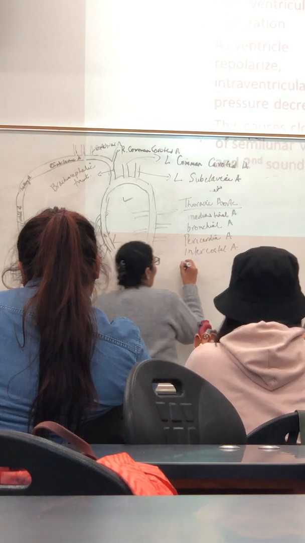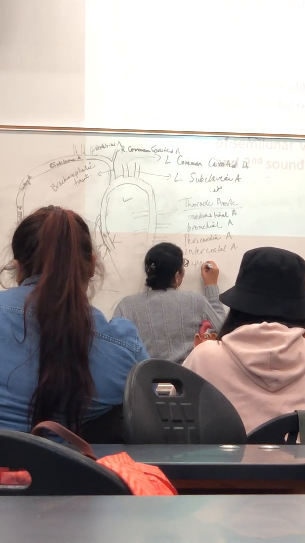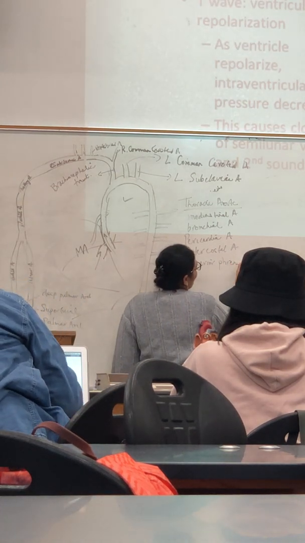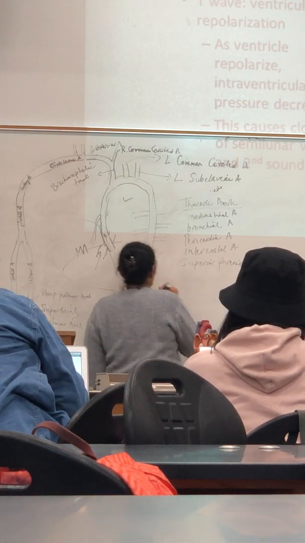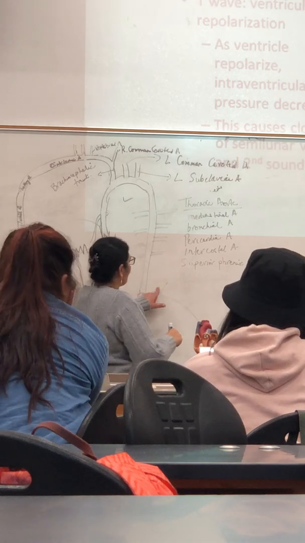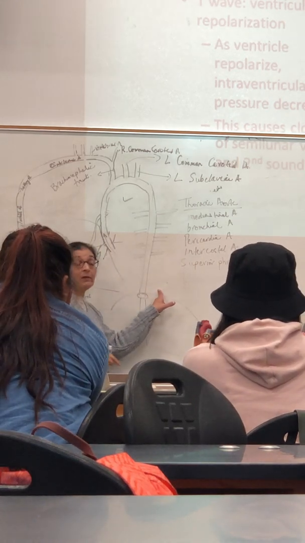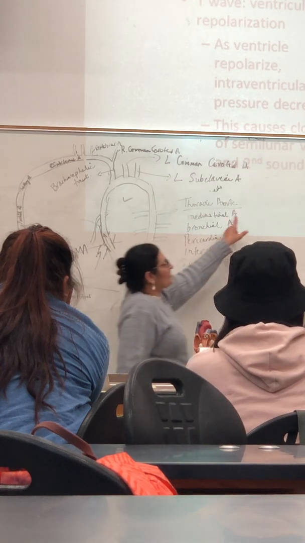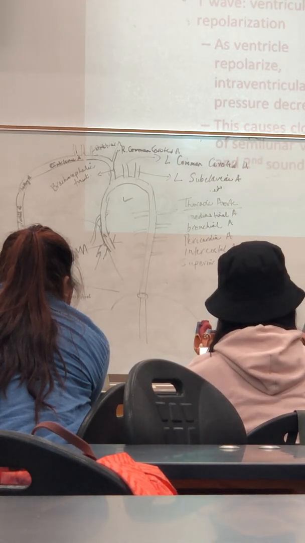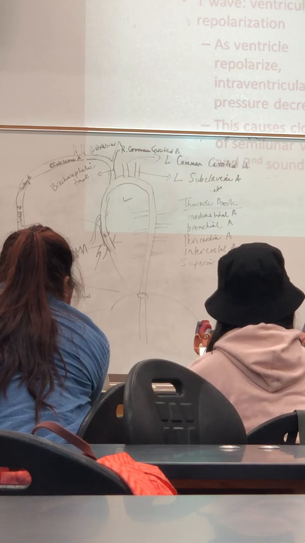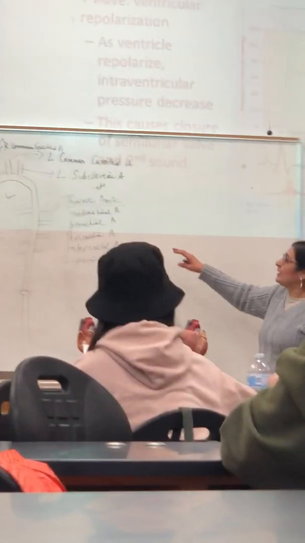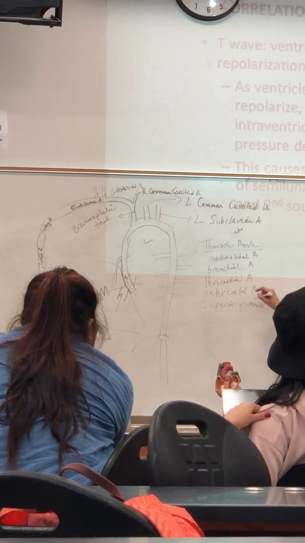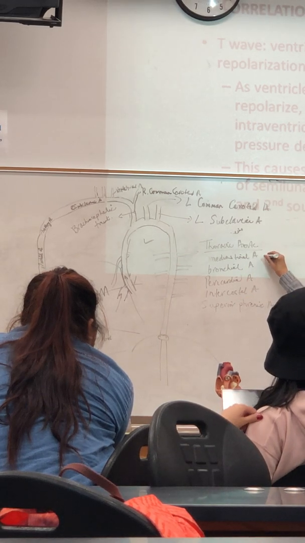And then you have the superior phrenic artery that again supplies blood to the superior region of the diaphragm. The mediastinal artery will supply blood to the middle region of the heart. Then you have the bronchial artery, the pericardial artery, the intercostal, and you will also have the esophageal artery.